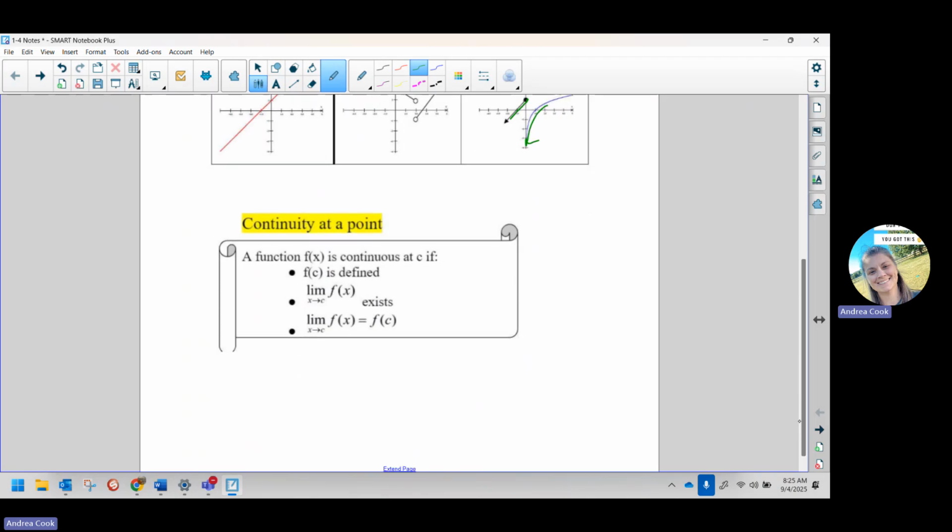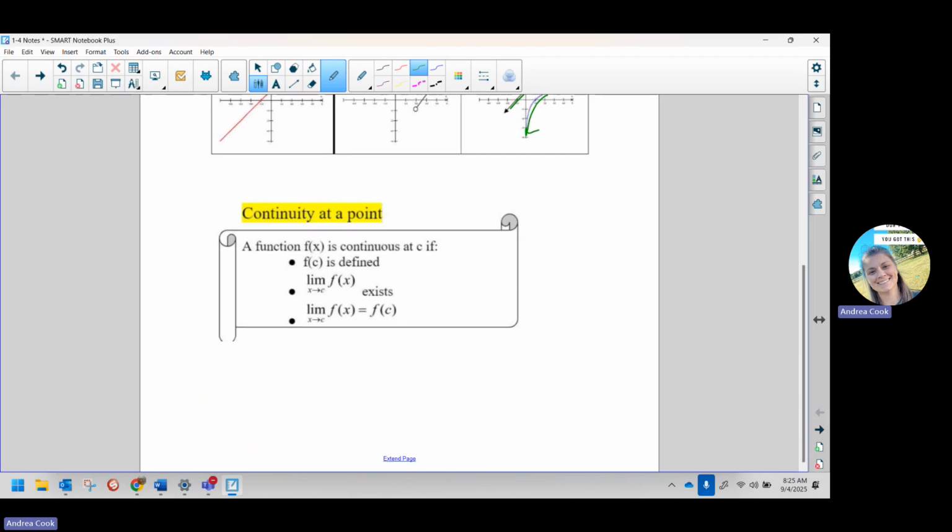Definition of continuity at a point. If I ask you, is f of x continuous, you have to check these three things, and you have to show that you're checking them. The first thing is that f of c is defined.